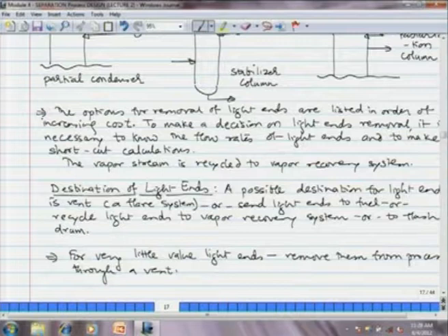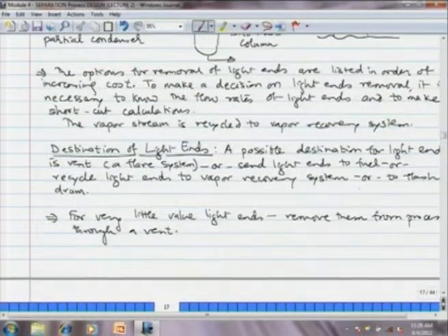Once we decide that, then the next question that we face is the destination of light ends. A possible destination of light ends is just a flare system. You burn them before emitting, like convert them to carbon dioxide and water, and then the gas is flared. But because of greenhouse gas emissions, the flare systems are now being questioned.